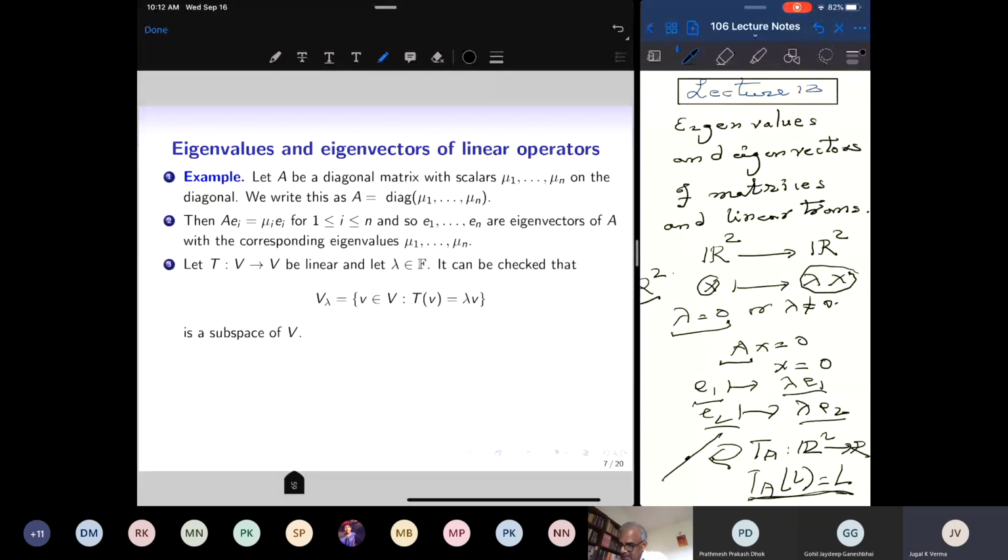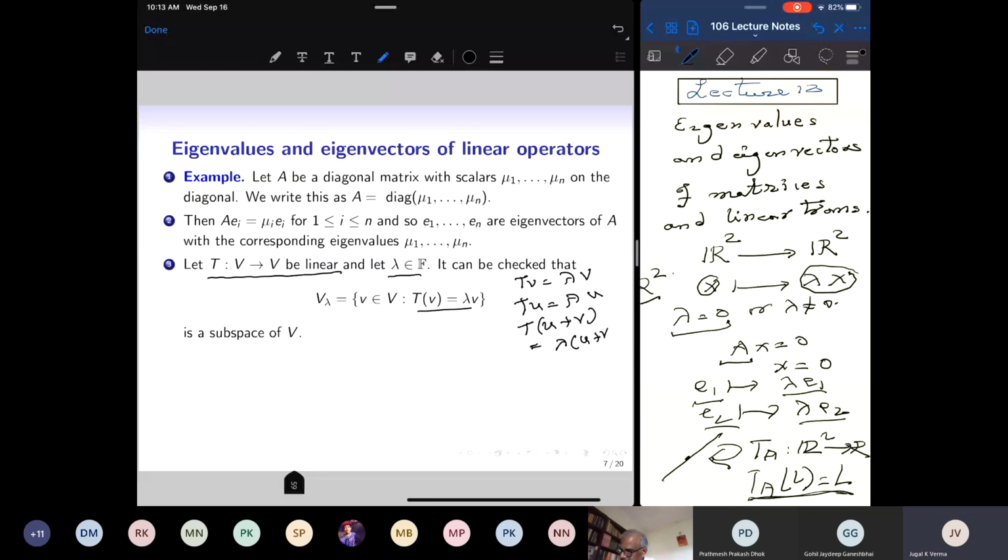Now suppose I have a linear operator T on a vector space and lambda is a scalar. Look at all vectors v so that Tv is equal to lambda v, where lambda is fixed. If I take two vectors which satisfy this equation, Tu equals lambda u, then the sum also satisfies the same equation because T is a linear transformation.